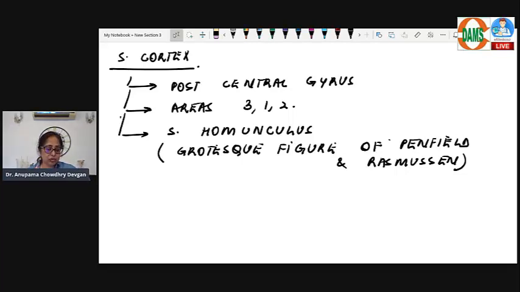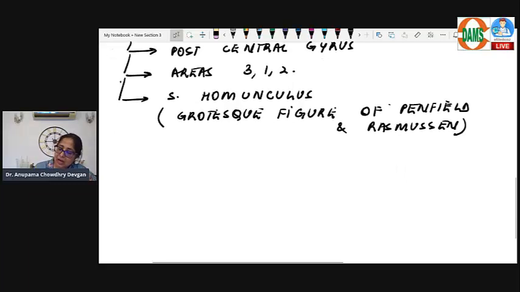It is also known as the figure of Penfield and Rasmussen. Here, in the sensory homunculus, the complete body is represented, but the representation is not proportional to size.